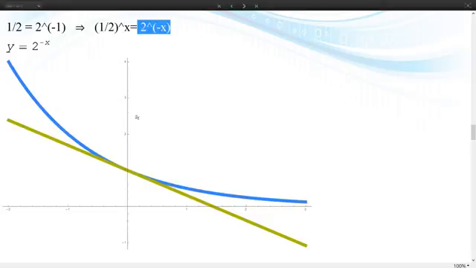So the graph of y equals 1/2 to the x is the same graph as y equals 2 to the negative x. And notice it's just a reflection across the y-axis, which is exactly what we would expect. That would just be changing the sign on the x.